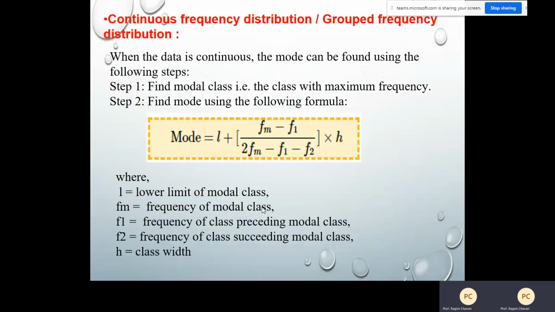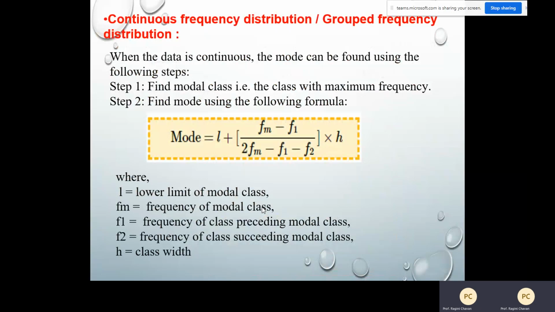Now, the formula for continuous frequency distribution or for grouped frequency distribution. These are the certain steps involved in this. Find modal class. Modal class is the class having maximum frequency. And then use this formula to find out mode.